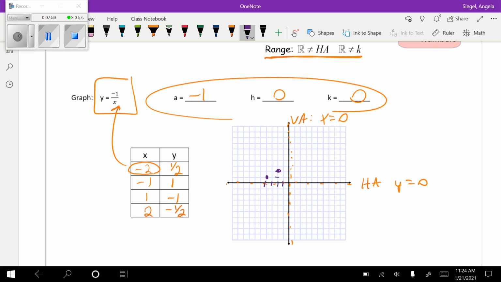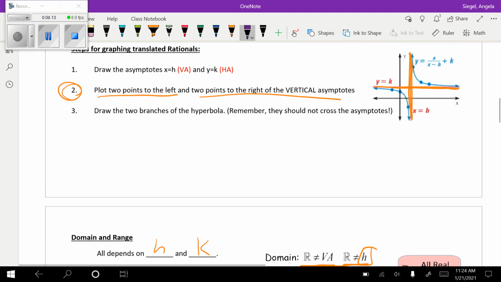And then I'm going to do the same thing over here. So 1, -1, and 2, -1/2, so that it looks like this. Okay, so let's go up and see what is next.